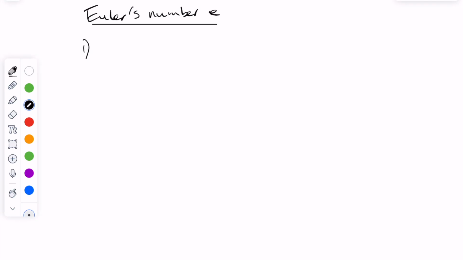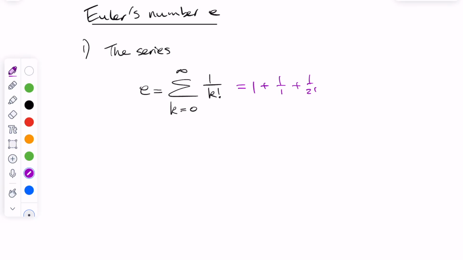So the first way to define E is as a series, an infinite series. We define E to be the infinite sum from k equals 0 up to infinity of 1 over k factorial. So in other words, it's 1 plus 1 over 1 plus 1 over 2 factorial, 3 factorial, and so forth.